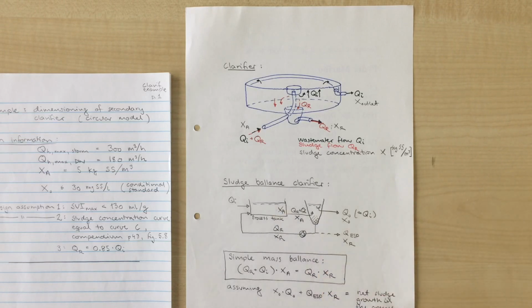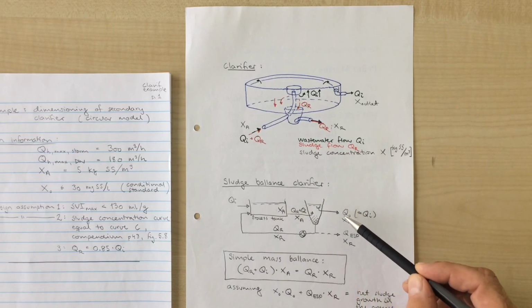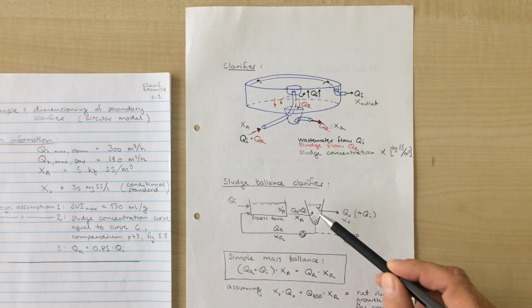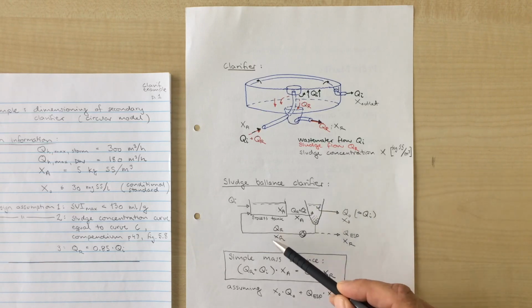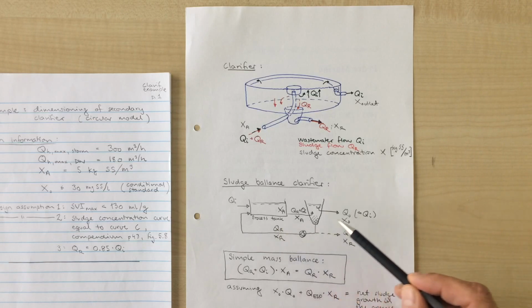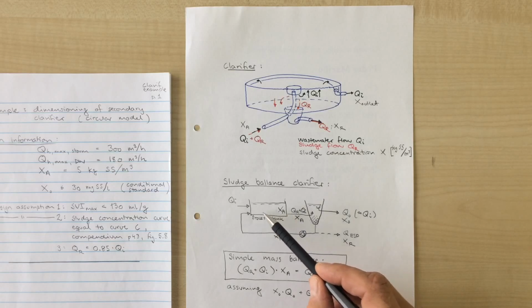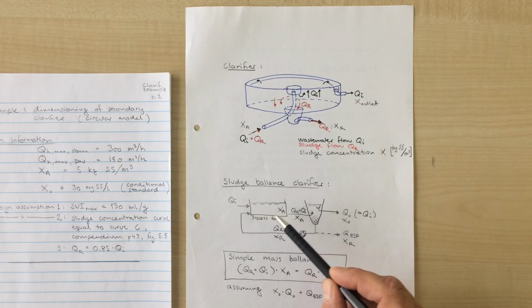This is a slightly simplified mass balance because we also have an outlet from the clarifier to the treated wastewater, and also an excess sludge production that will remove solids from the clarifier. However, these two parts are much smaller than the return sludge flow. A simplification also made in this system is that we say we have a uniform concentration of solids, which is not true.